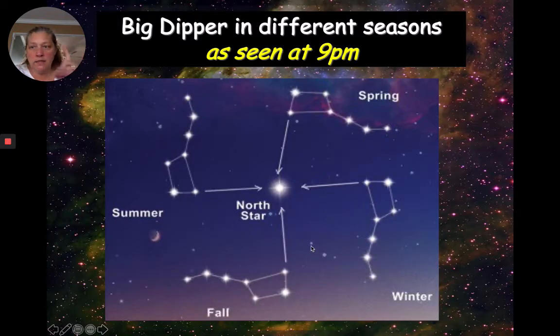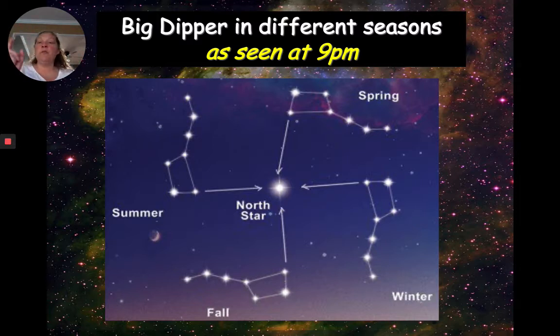And this is important too. We know that all the stars rotate around Polaris once every 24 hours. However, the Big Dipper's position in the sky changes seasonally. If you go out right now at around 9 p.m., the Big Dipper looks like it's in this area. The Big Dipper is upside down, so the cup is that way and the tail is that way.